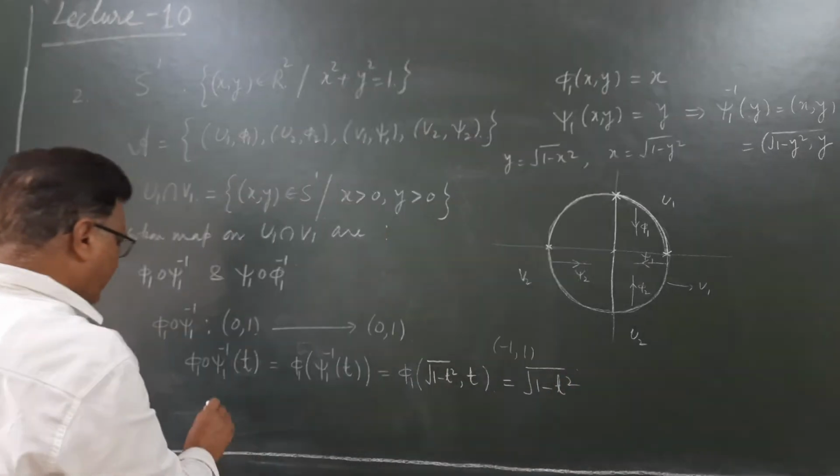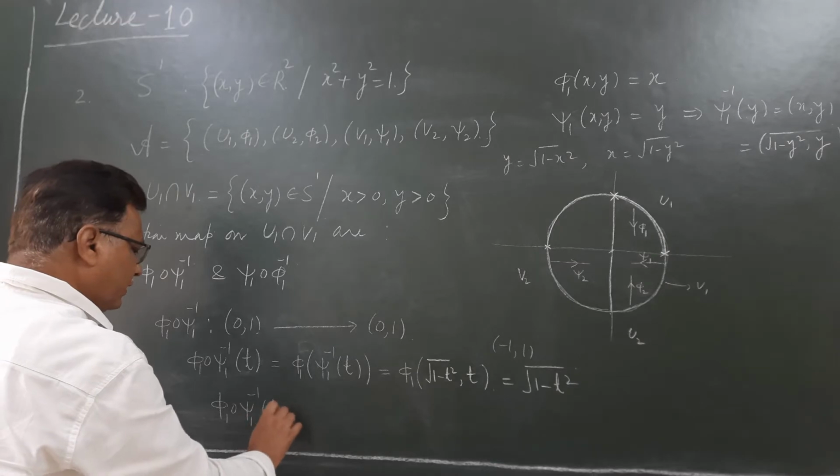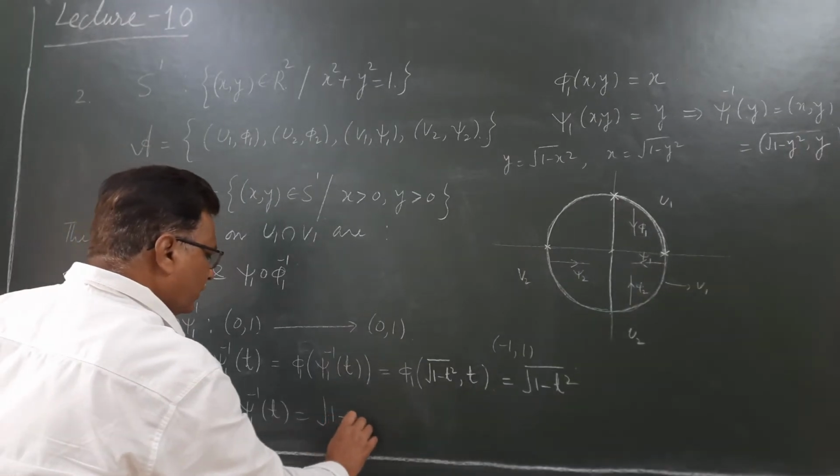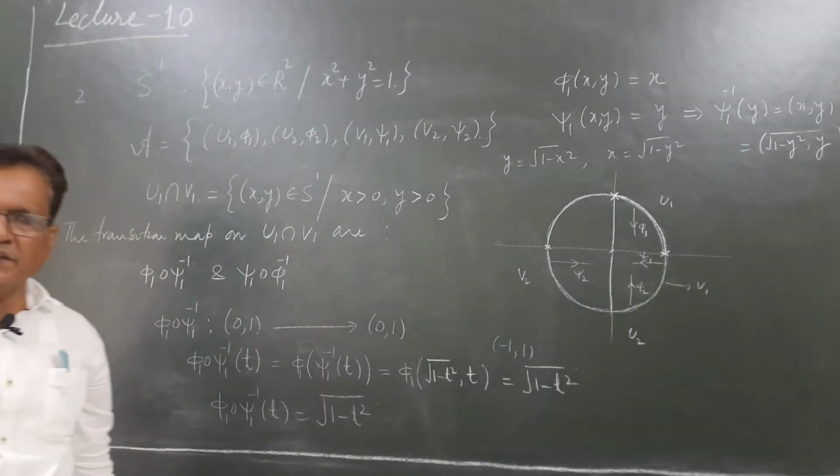So I have got a map phi 1 composition psi 1 inverse of t equal to under root 1 minus t square. You know, it is a differentiable map.